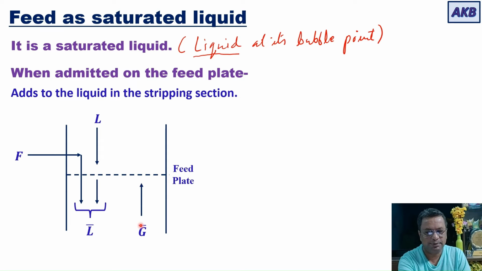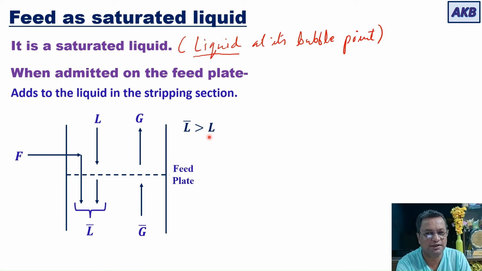Then the vapor that is rising from the stripping section at a molar flow rate of G bar will be simply moving to the feed plate, and then it will be rising from the feed plate. And in the rectifying section, it will have a molar flow rate of G. So in this case, there will be no change in the molar flow rate of vapor phase, as you can see. So that's why the relationship between L bar and L will be like this.